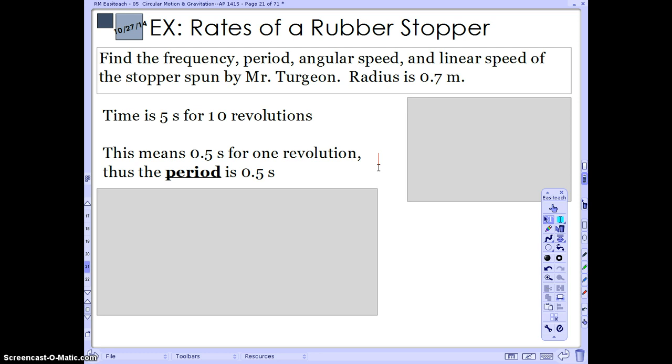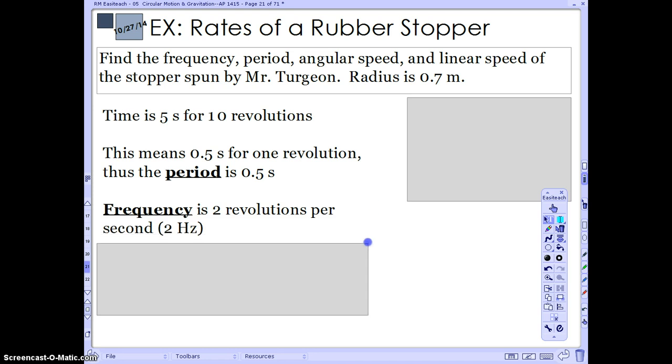Period is a time. It's a time period. You should write that down. It's a time period for 1 revolution. 0.5 seconds, that was easy. I just took the time and divided by the number of revolutions. The frequency is 2 revolutions per second. If you think about frequency just as the number of cycles, revolutions, events per second.